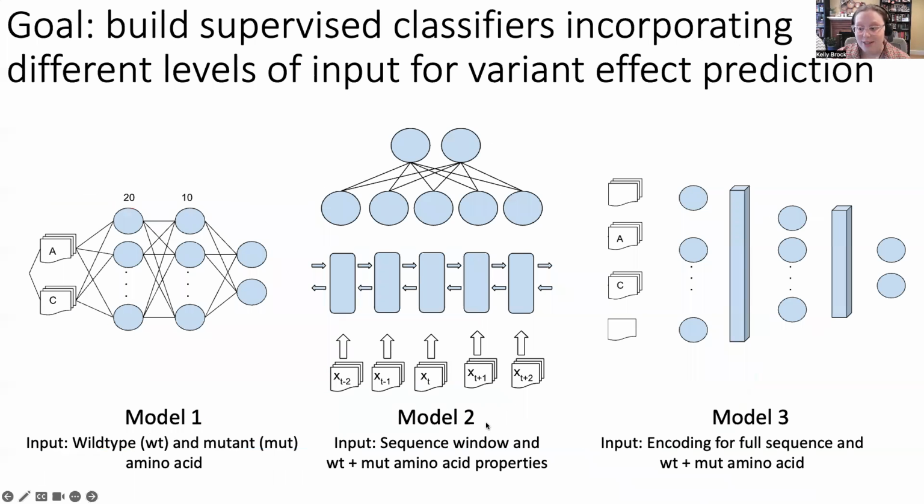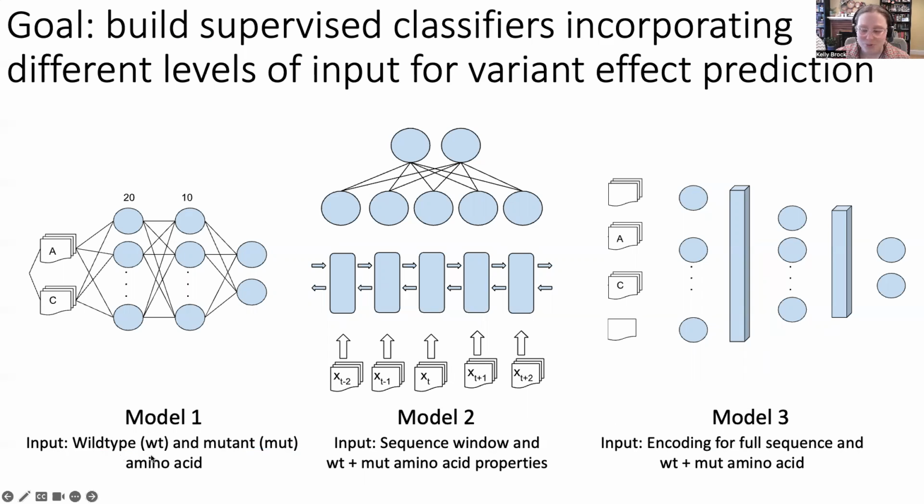Our goal here is to leap into this space and try to use deep learning to provide a computational method of predicting whether missense variants are benign or pathogenic, meaning causing disease. I'm going to build 3 separate models, and these 3 different models are going to incorporate different levels of information.